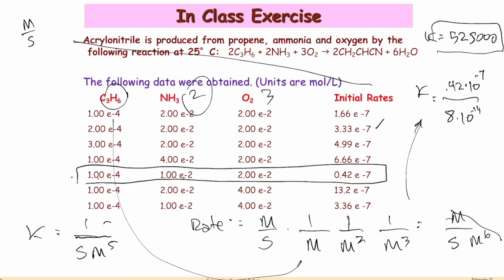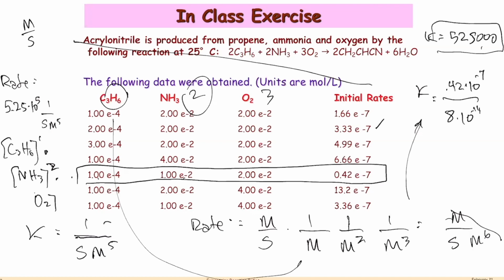So your final rate law would be the following. That's my K value. Rate is equal to 5.25 times 10 to the 5th, 1/seconds, molarity to the 5th, and then continuing on, C3H6 to the first times NH3 to the second times oxygen to the third.